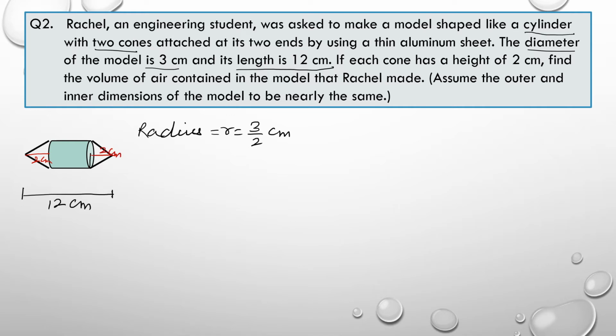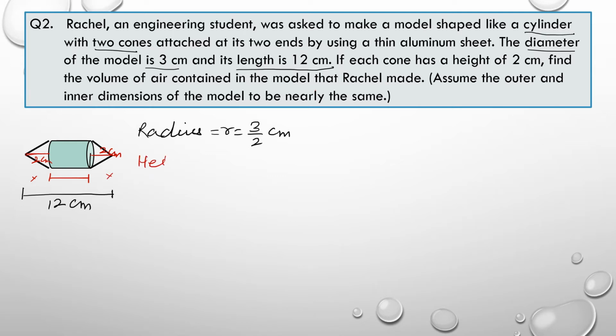Find the volume of the air contained in the model that Rachel made. Assume the outer and inner dimensions of the model to be nearly the same. So they are saying the dimensions outside and inside are nearly the same. Now here this is 2 centimeter, this is also 2 centimeter, so from 12 we will subtract this 2 and this 2 to get the height of the cylinder.